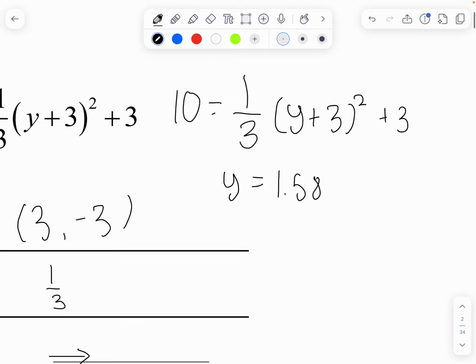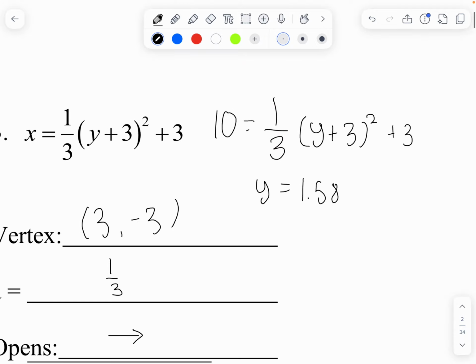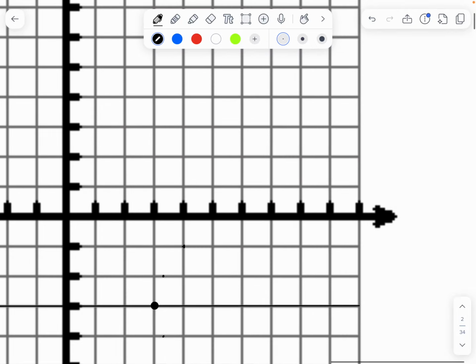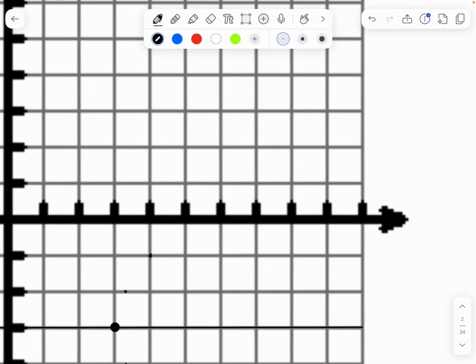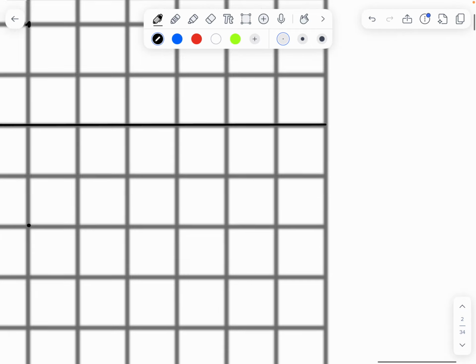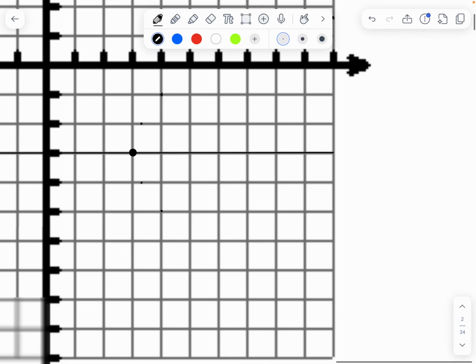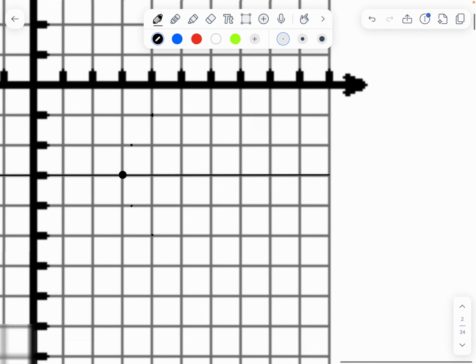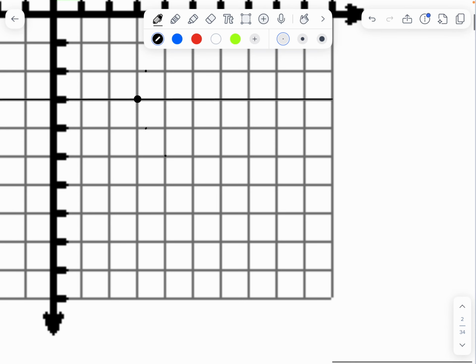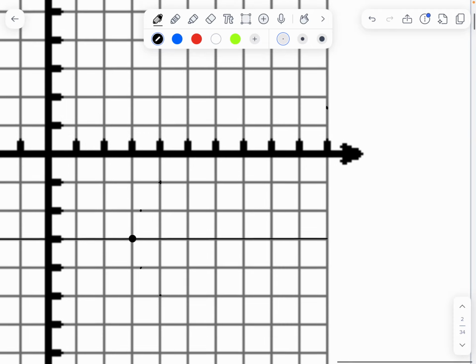Hang on. So around right here. So 3, 4, 4. So right around there.